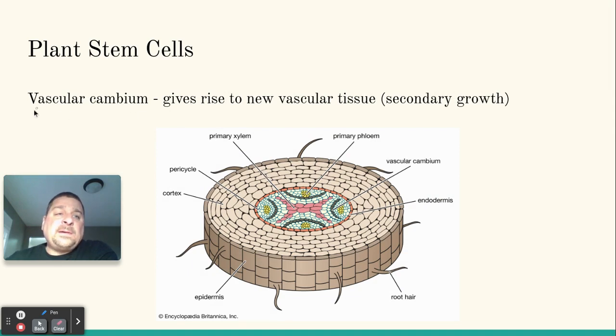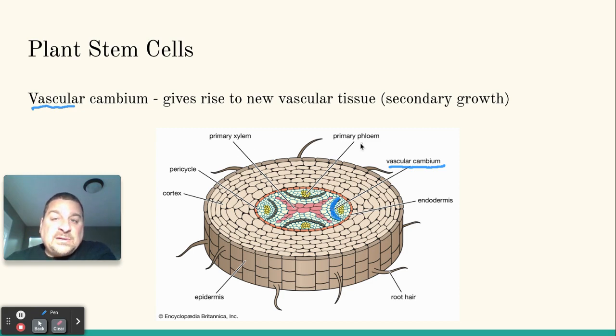Another type of stem cell doesn't add primary growth, as in getting longer or taller, or deeper if you're talking about the roots, but adds girth, or secondary growth, where the plant would be getting thicker. That is vascular cambium. You can see it labeled here on our little stem. It would be this tissue right in here. And again, meristematic tissue can become other types of tissue.